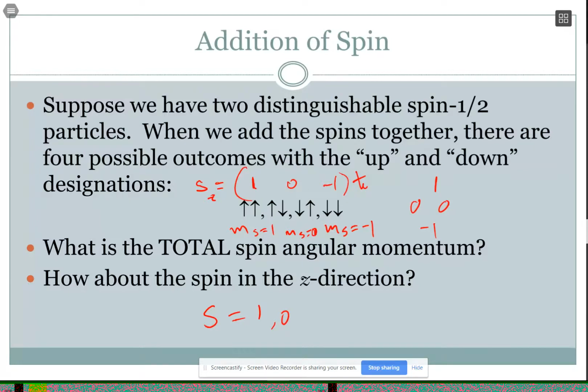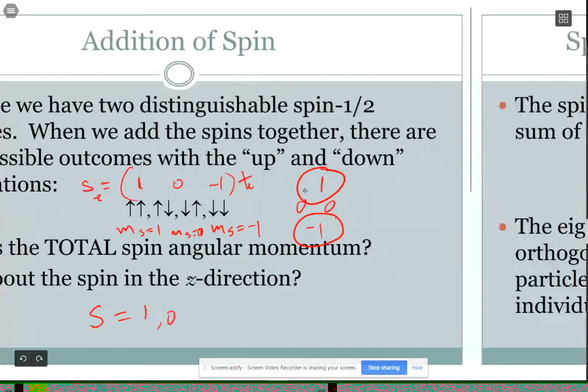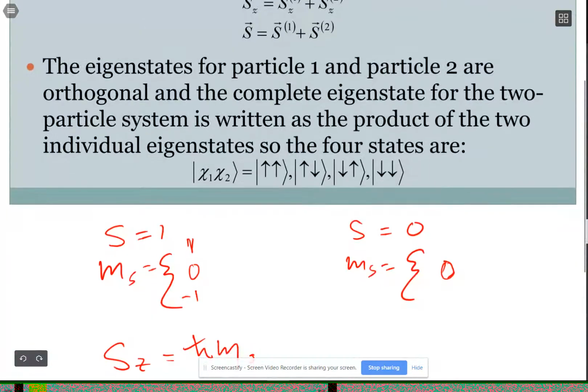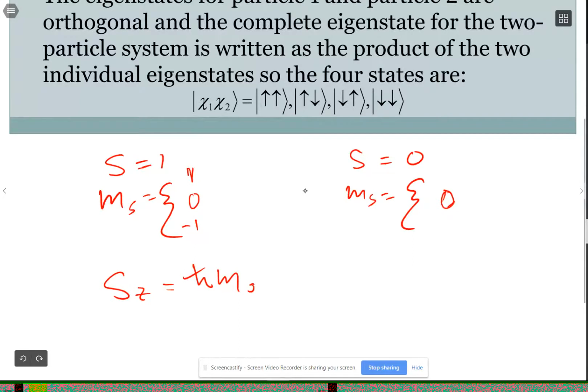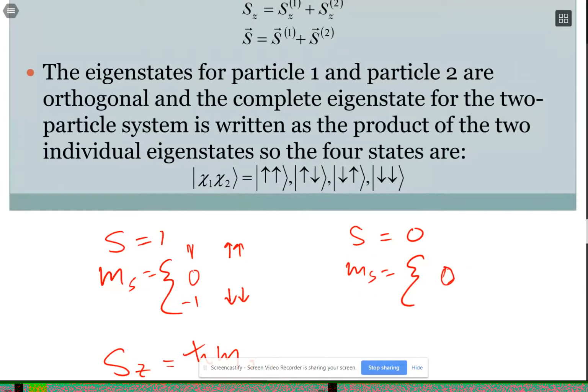So it's easy to say this here and this here have to be two of the S equals 1 states. So for S equals 1, this must be up, up, and down, down for M sub S equal to 1 and -1. But that leaves 2 states with 0, and we had 2 states there with 0.